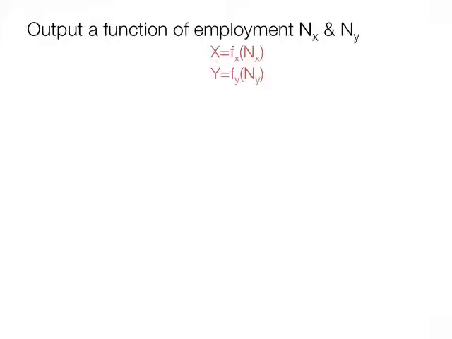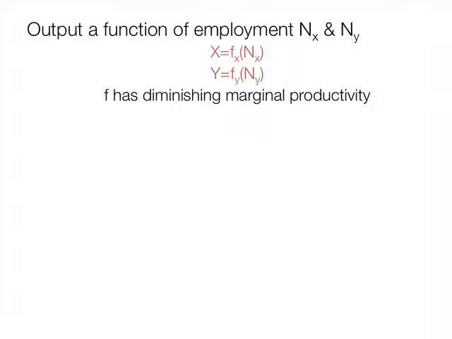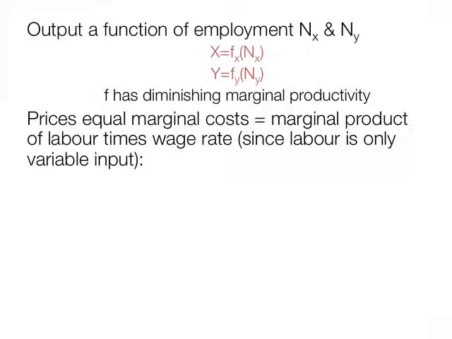So if you think about plumbers, there can only be so many people plumbing and putting in toilets and fixing showers and all that stuff at any particular point in time. And that function has diminishing marginal productivity, meaning df/dN goes down. Okay? Prices are always equal to marginal costs, so we have a perfectly competitive system here.